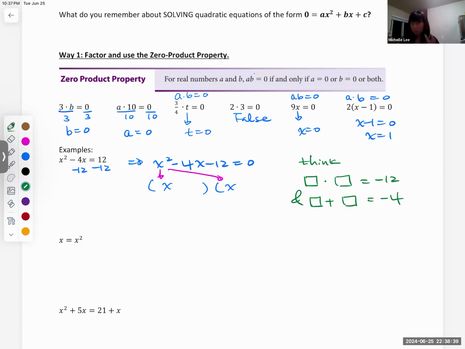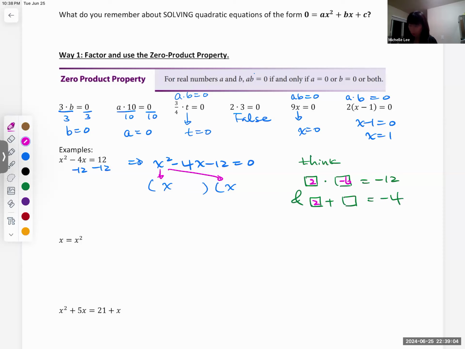So what numbers are these? It's 2 and negative 6. So 2 times negative 6 is negative 12. And looking at the middle number, which is negative 4, we follow the bigger number, which is negative, right?